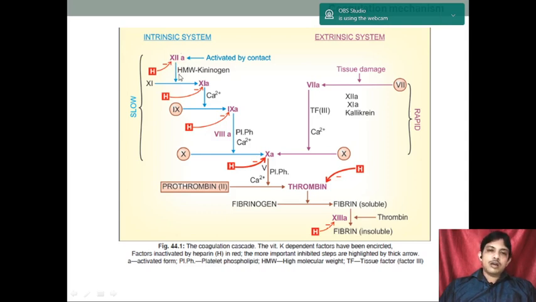Now, high molecular weight kininogen, in the presence of that, factor 12A is responsible for the conversion of factor 11 to activated factor 11. Next is calcium, which is important in almost every process.